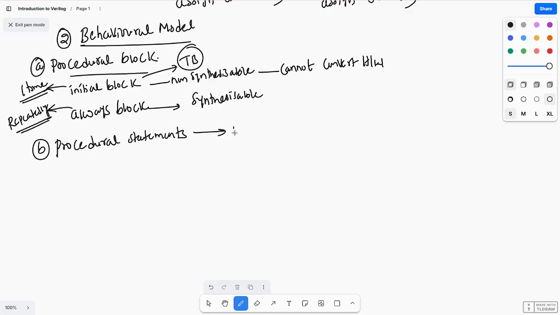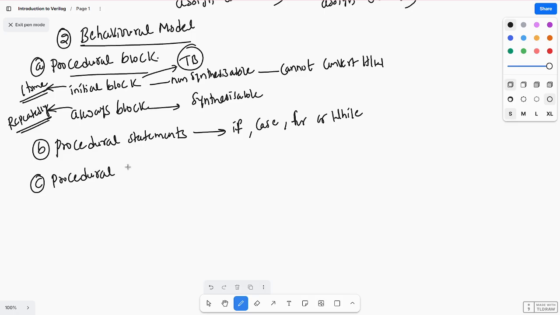Suppose in C language you studied if, case, for, or while. These keywords are used in the C language, no? So those are nothing but procedural statements. Is it fine?